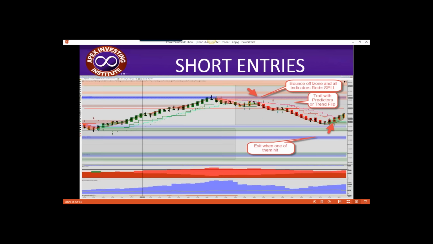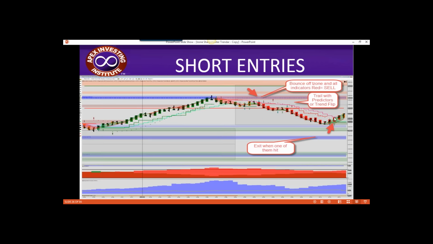Darby, you get out 3 ticks above the trend. Well, like right here, for example, Darby, when we went short, see these predictors, these little triangles right here? You see that? We're using that as our stop. Now you could use this line here if you want. It's a little bit closer, but see how right here there's a triangle, and then here's one.